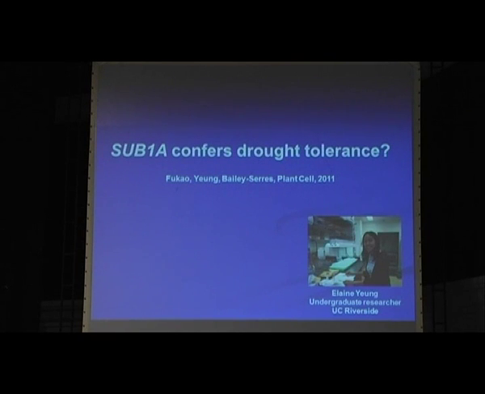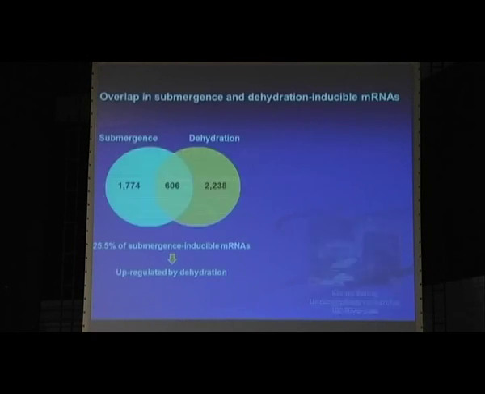We also examined whether or not SUB1A increased drought tolerance. This experiment was done by another grad student at UC Riverside, Elaine Young, under my supervision. First of all, we compared published microarray data sets, submergence-induced genes versus dehydration-induced genes.